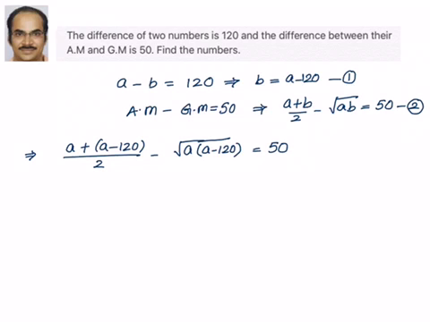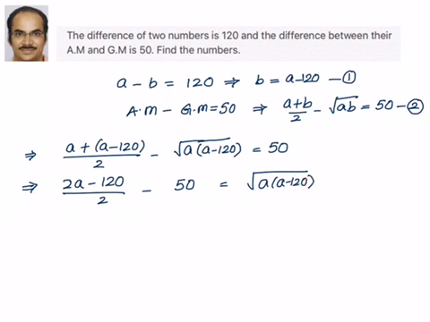If we simplify, we will have A plus A, 2A, minus 120 divided by 2 minus of, can I bring the 50 to this side and take square root of A into A minus 120 to the other side.